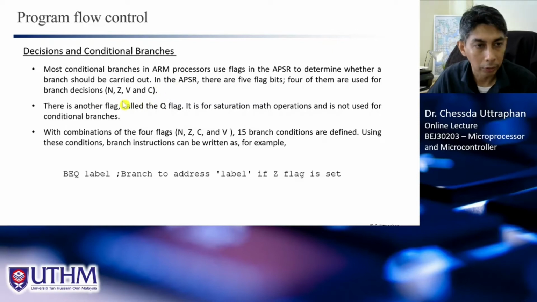So we can use these status flags for the branching operation. As we know, in our microcontroller processor we have another flag called the Q flag, and the branch operation does not use the Q flag, only these four flags.